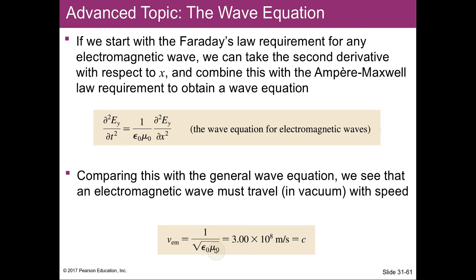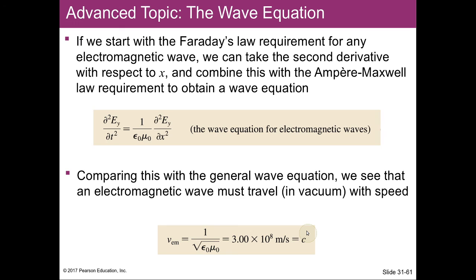And these are constants we can determine in tabletop lab experiments. And yet, if we form this combination of these two constants, we get something that's experimentally in agreement with the speed of light.